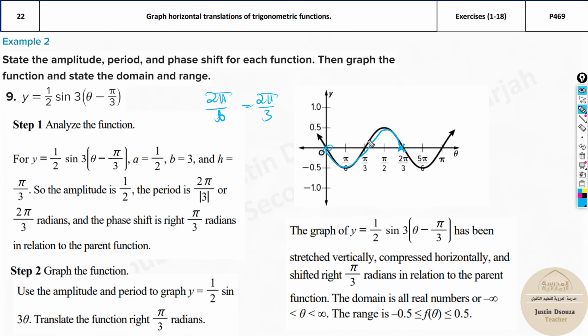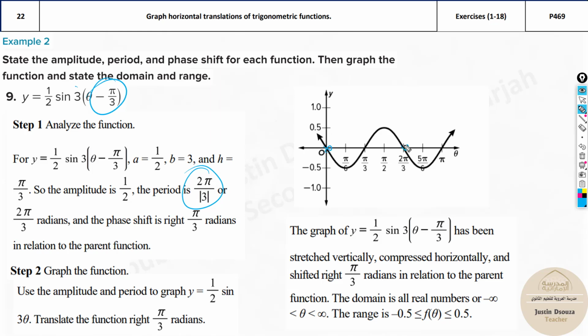Now if you're finding this very difficult to graph, there is an easy way to understand this. What is the shift and what is the period? These are two important things. You can use the calculator, we have done it already. Type this as it is and you'll get the answers. The period is 2 pi by 3, right?